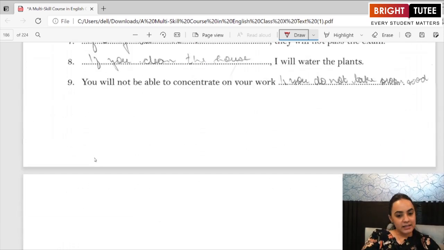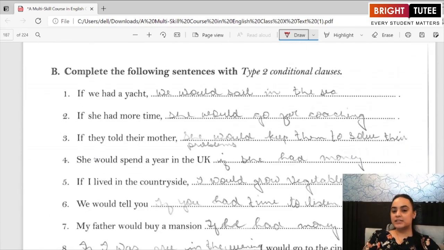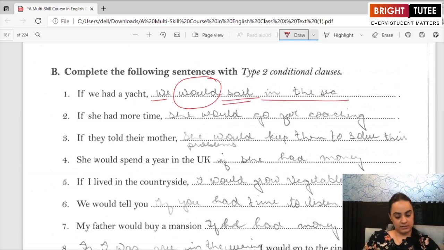Let us look at the other question. Now you have to complete the sentences using type 2 conditionals. There the likelihood is a little less than type 1. If we had a yacht, we would sail in the sea. Just look at the structure: subject plus modal plus the main verb and the rest of the clause.